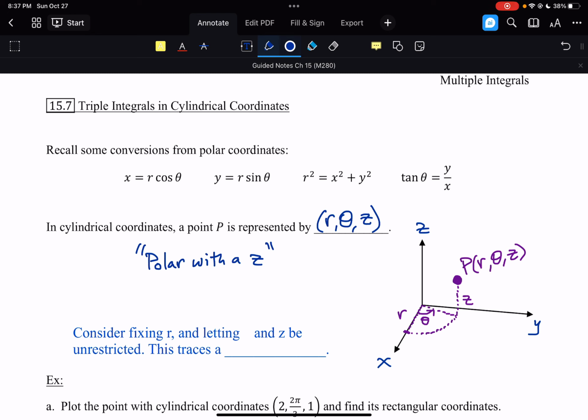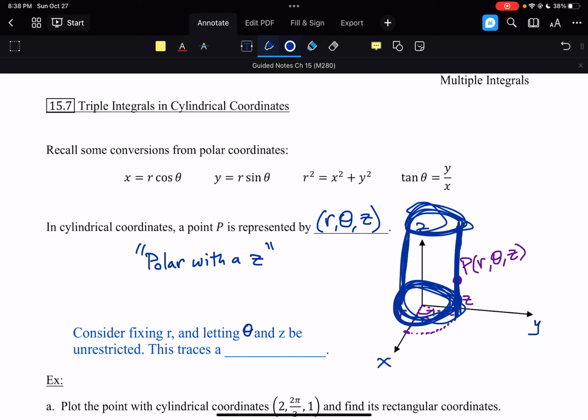So consider fixing r, letting theta and z be unrestricted. So picture what would happen if we let z be anything, so as far up and down as we want. Theta can be anything, so we can go around and around as much as we want. And r is fixed at this one specific value.